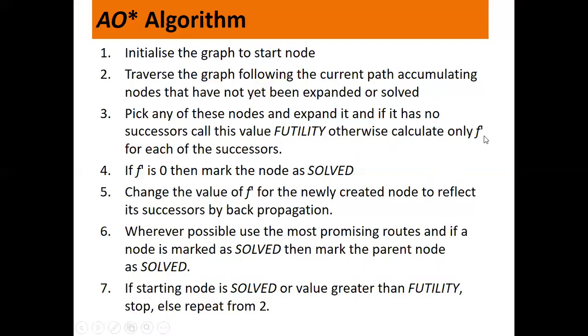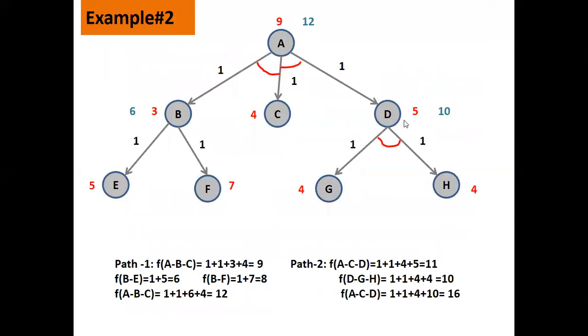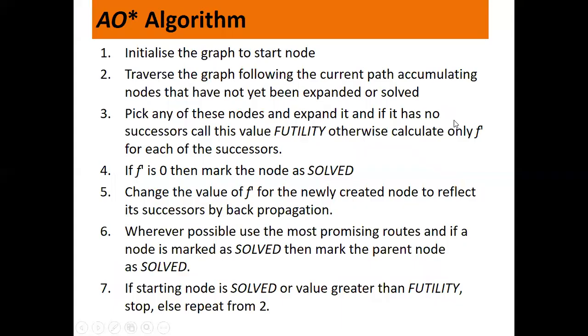Otherwise, calculate the cost function f for each of the successor nodes. Now, if you can just check it out, these are the successor nodes and we calculate cost for B, we calculated cost for D, right? Now, if cost is 0, then mark the node as solved.